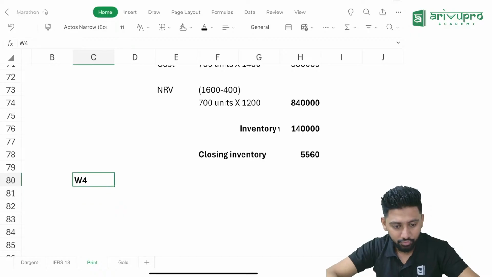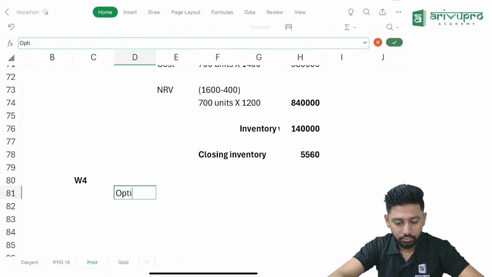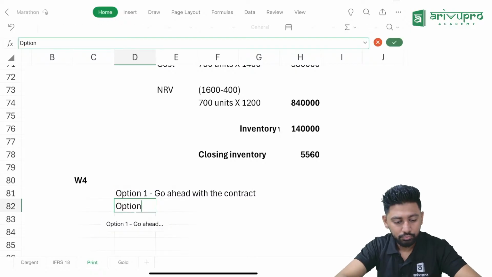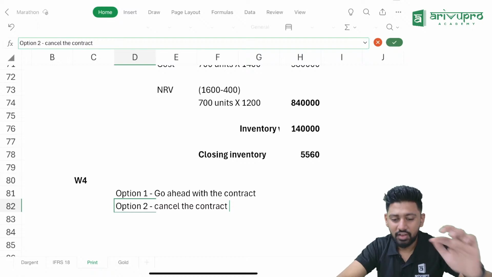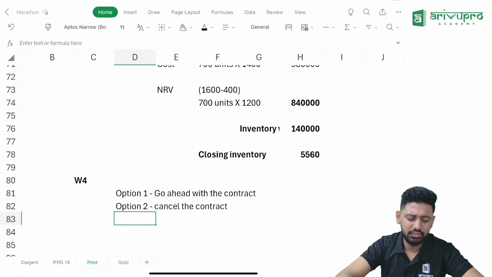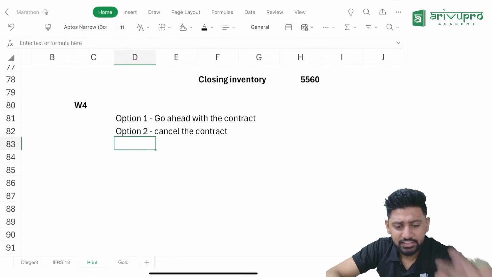Option one, go ahead with the contract. Option number two, cancel the contract. Are we clear? We have only two options. Go ahead with the contract or cancel the contract. Correct, no? Okay.